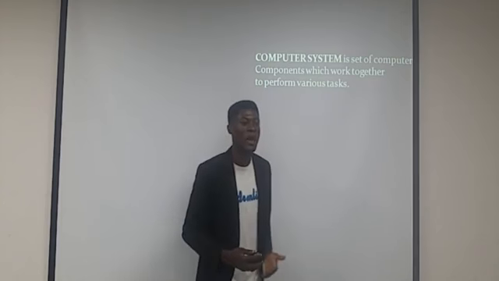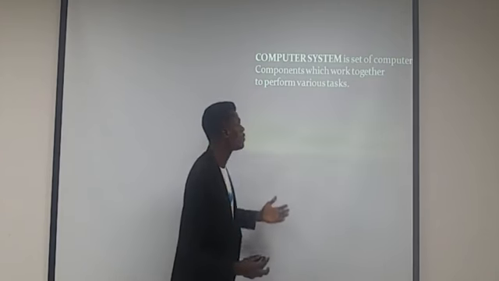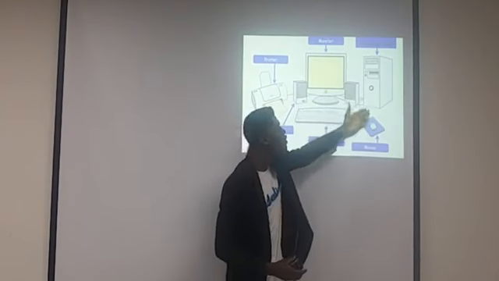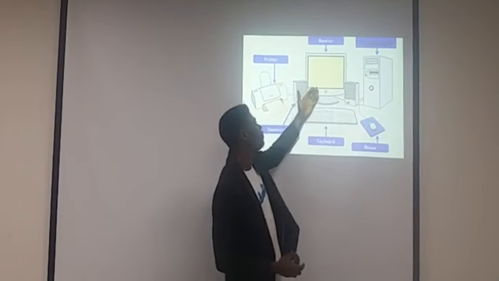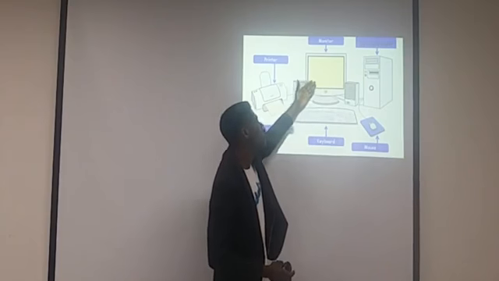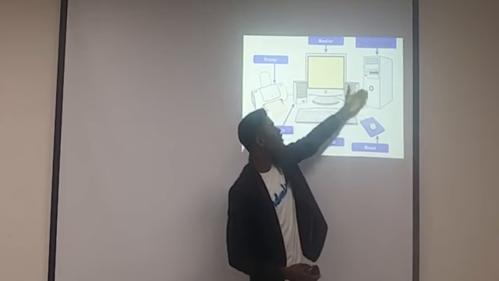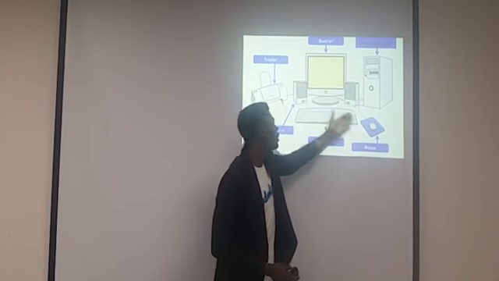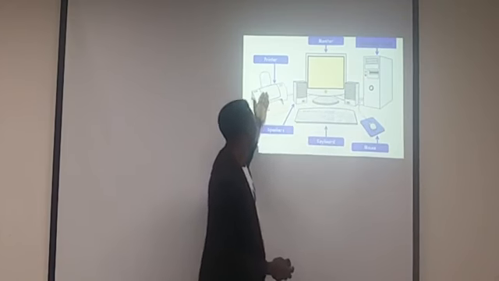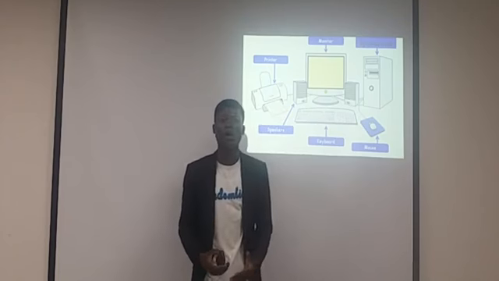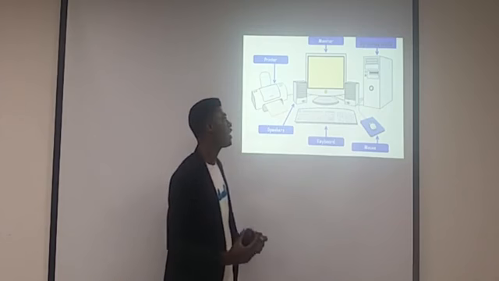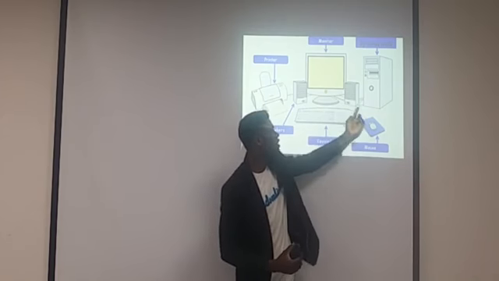Having understood that, let us proceed into the next part, which shows us how a system looks. So this is the picture, and this picture is showing us the monitor, the system unit, the keyboard, the mouse, and of course the speakers and the printer. These are all different parts of the computer that we can connect together using data cable.